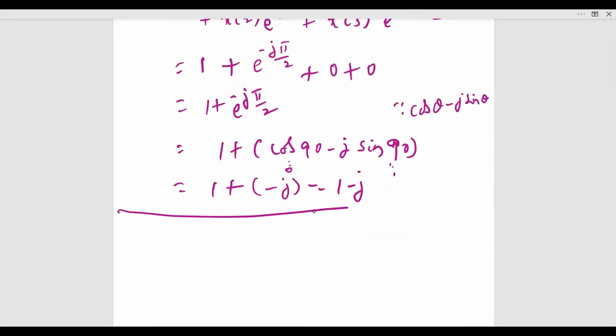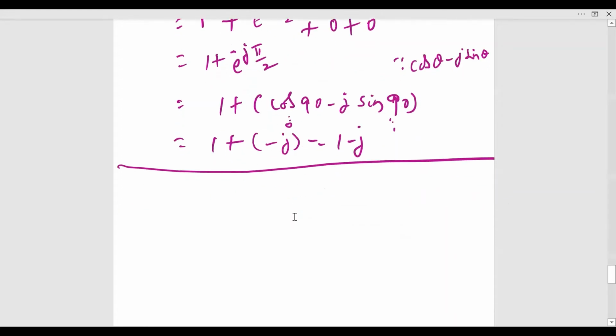Next, we'll go with k as 2. K is equal to 2, and goes from 0 to 3.